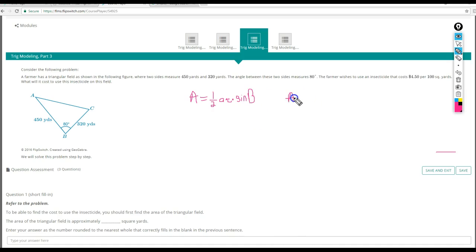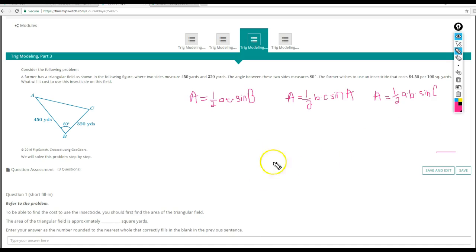So you could also have the area is equal to 1/2 little b times little c times sine of big A, angle A. Or you could have the option of area is equal to 1/2 little a times little b times the sine of our angle C.